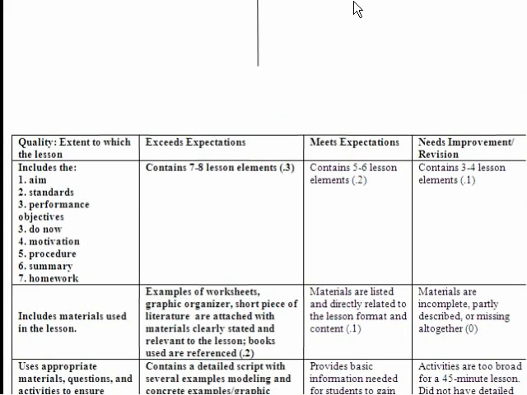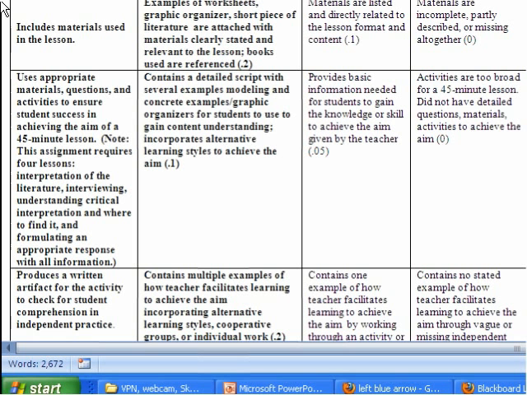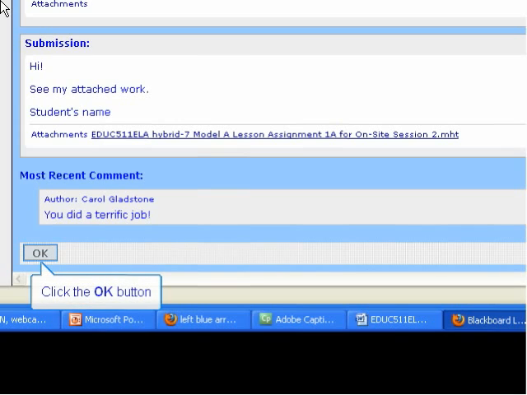The grade on the rubric is broken down by quality and appears in heavy bold print. You will find a total grade on the assignment as well as a general comment on your work.